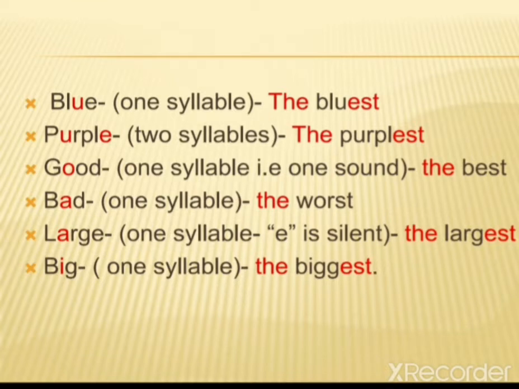It does not have long syllables or beats, or it has one syllable. It is always going to be est. So we say the bluest. Why? Because blue is a small word having one syllable.